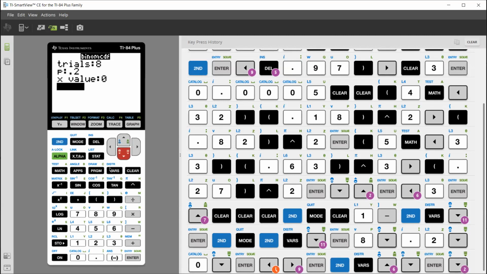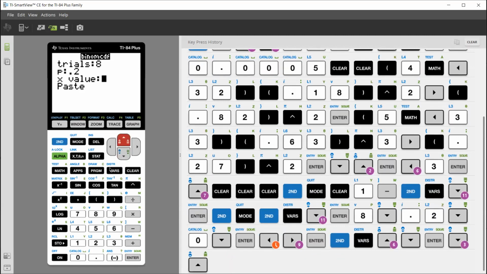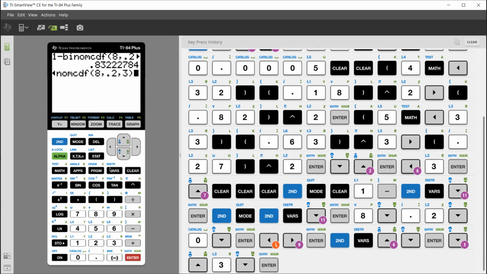This time I want to go to 3 because I want to get 3 first. I want to add up the first 3, paste it, don't hit enter yet. That's going to be your first term. Then you're going to subtract the accumulated probability.